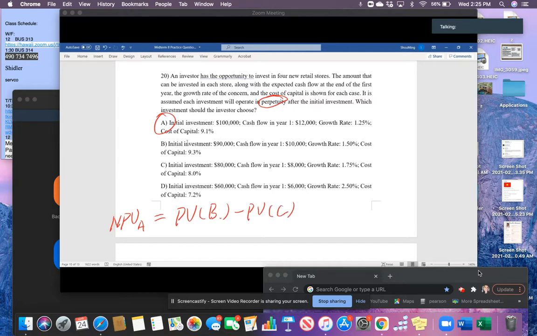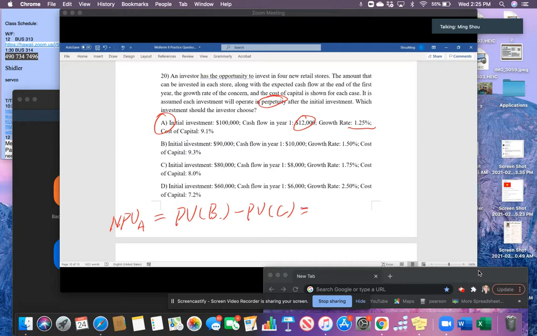In this case, we have the first benefit cash flow from year 1 equal to 12,000. And this cash flow will grow at a constant growth rate equal to 1.25%. And this cash flow will last forever. So this is a typical growing perpetuity case, right?